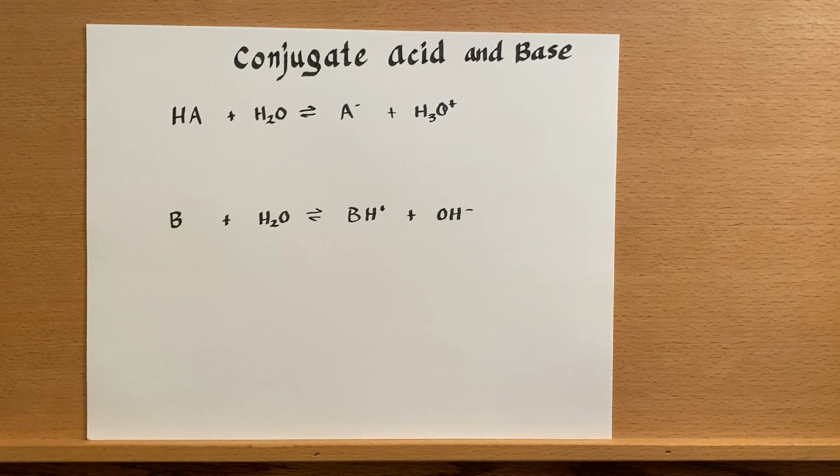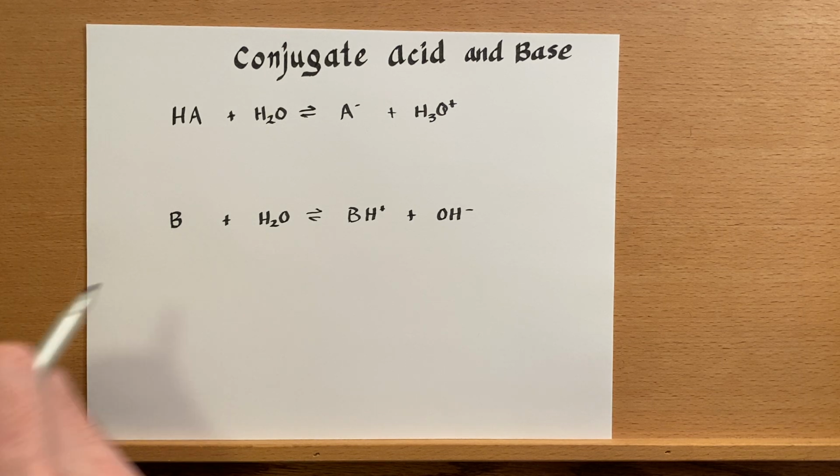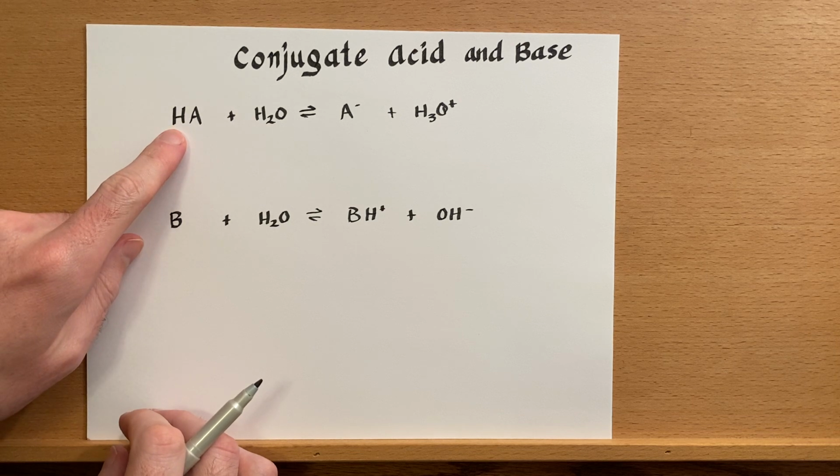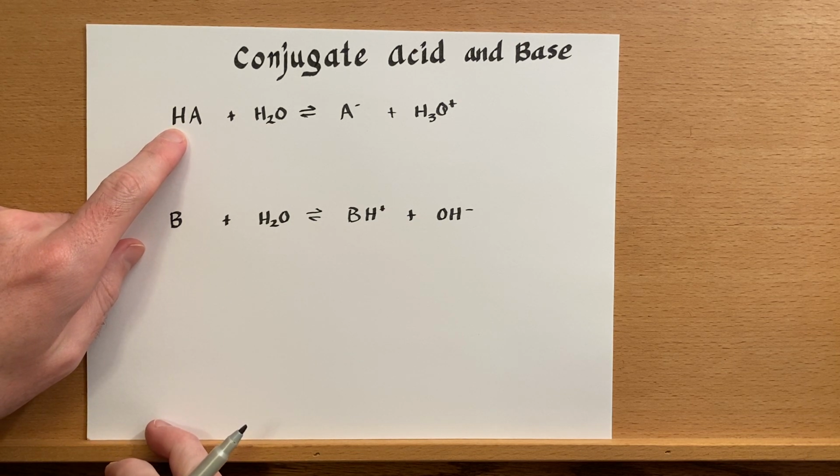So I've written two generic reactions here. The first one is for some acid, and the second one is for a base. So let's talk about the first one that is about an acid. So right here we have HA, which is an acid.